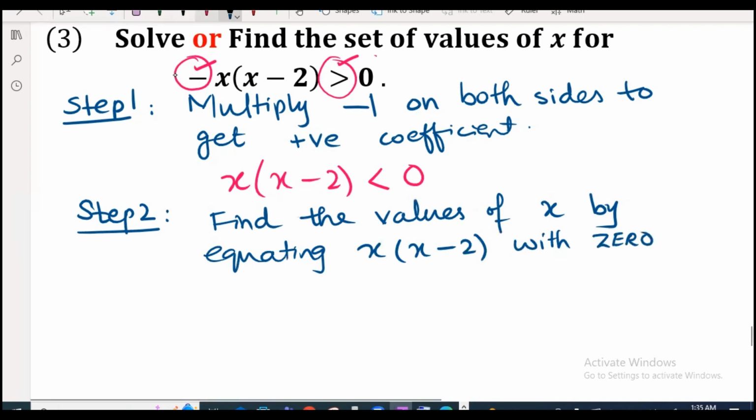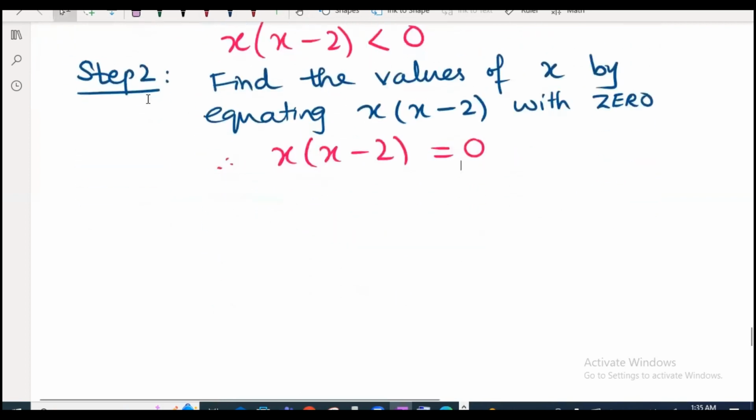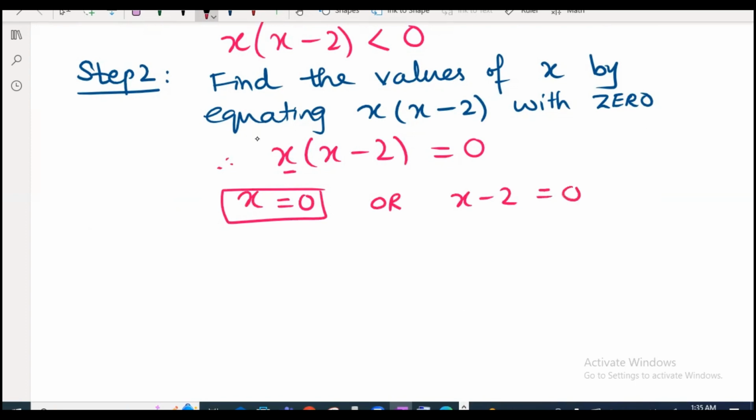So we can write x times x minus 2 equals 0. The left side is already in factorized form. So by equating all factors with 0, we get x equals 0, or the bracket x minus 2 equals 0. We get x equals 2. Now we have two values of x, 0 or 2.